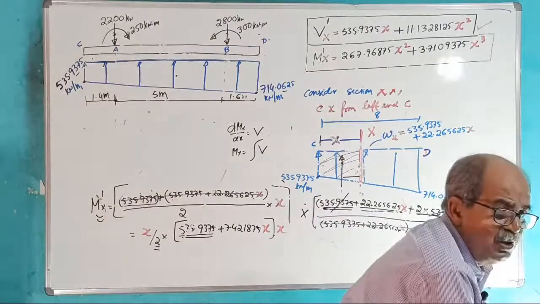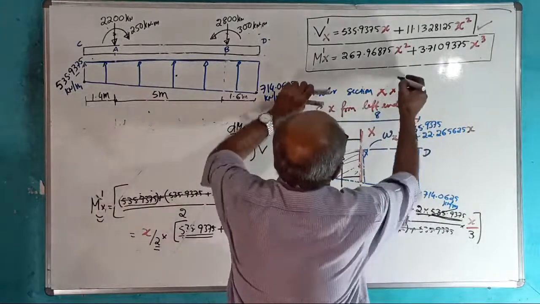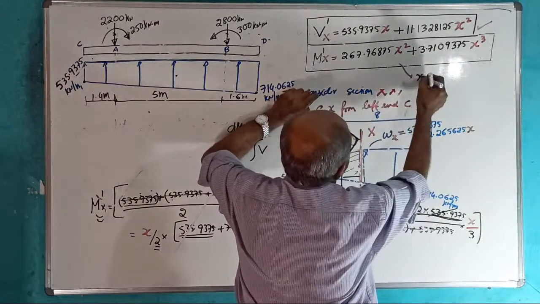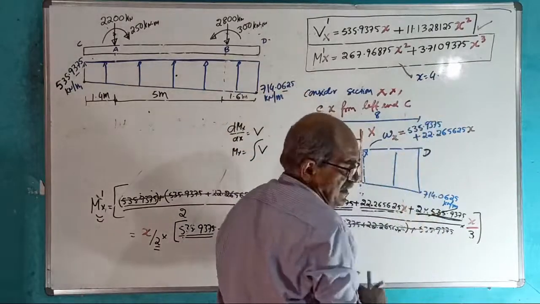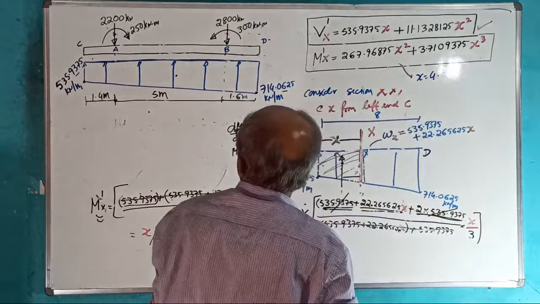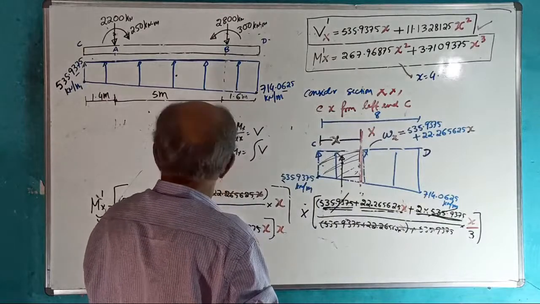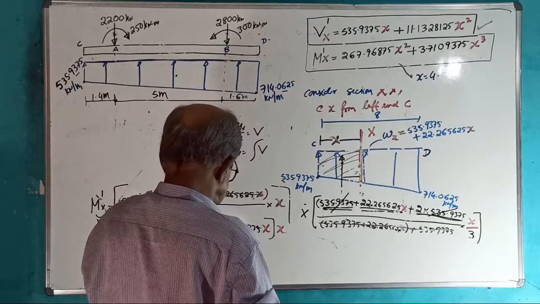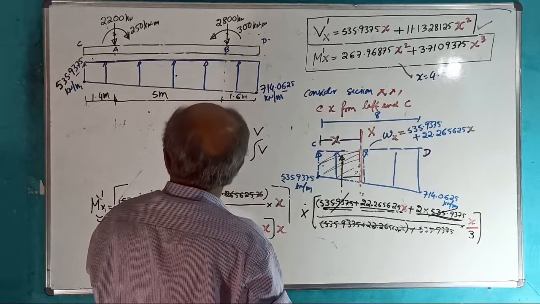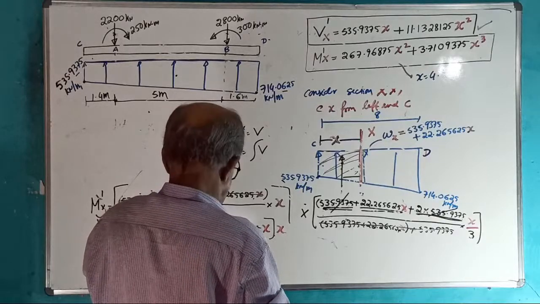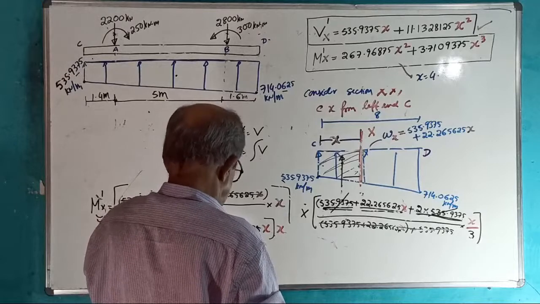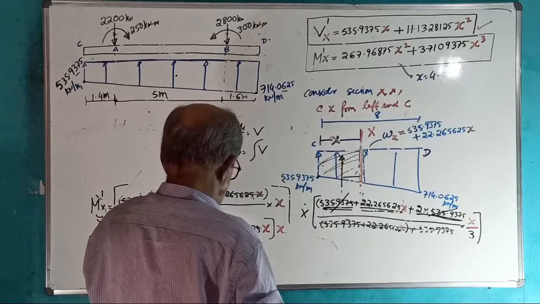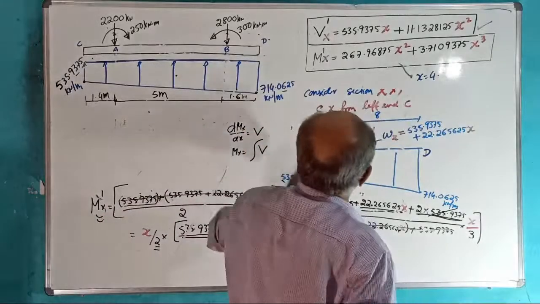Okay, now do one thing. In this equation, you substitute X equal to 4.19 meter.